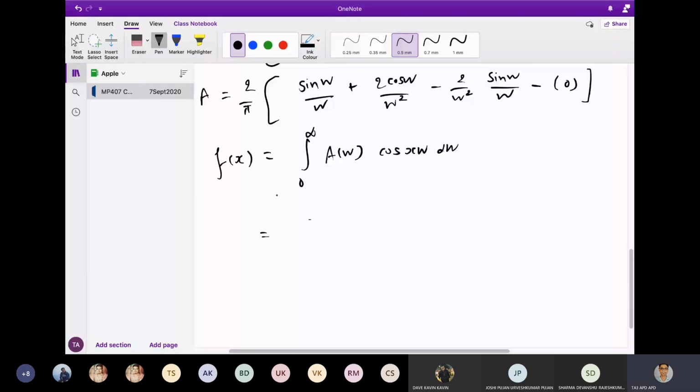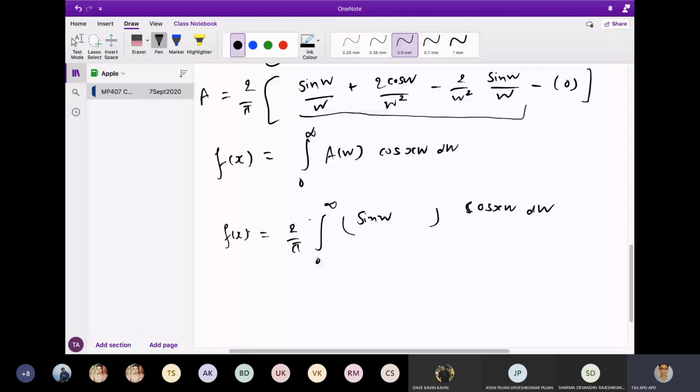So I'll just write down 2 over pi outside, 2 over pi times the integral. I don't need to write all these terms, the terms multiplied by cos x w dw. This is going to be equal to f of x. Okay, this will be replaced by 1, so this is going to be 0 to 1.